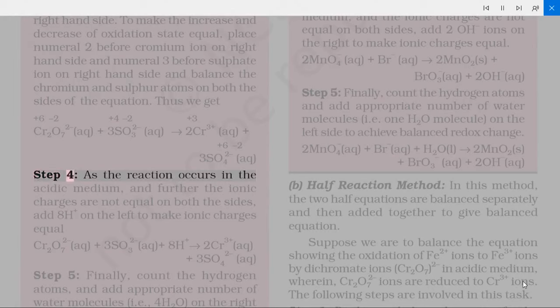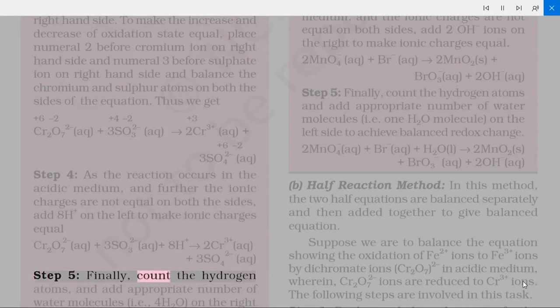Step 4. As the reaction occurs in the acidic medium, and further the ionic charges are not equal on both the sides, add 8H+ on the left to make ionic charges equal. Cr2O7^2- + 3 SO3^2- + 8H+ → 2 Cr^3+ + 3 SO4^2-. Step 5.